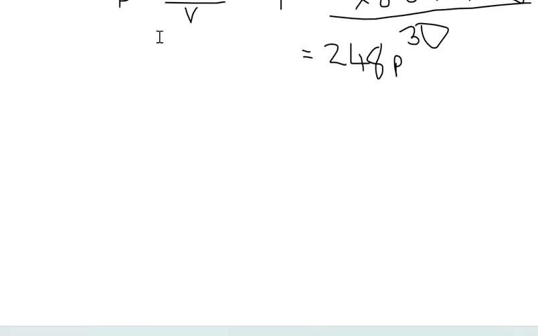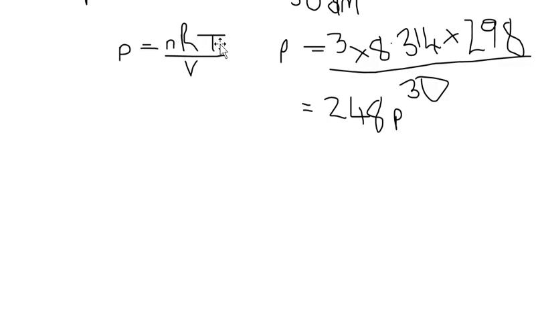We're going to use the same equation, of course, P equal nRT divided by V. However, the only difference is the volume, so it's going to be 50 instead. So when you divide by 50, you're going to get 149 pascals.